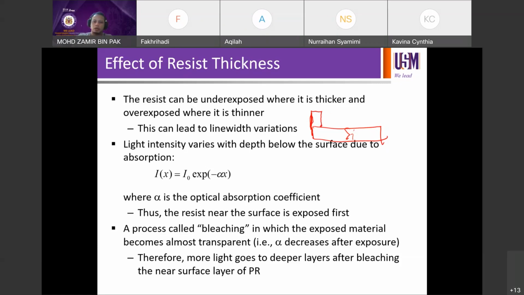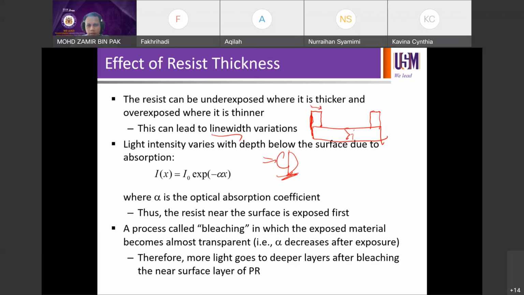When you want to print lines, for example, if you have this problem of non-uniformity, you probably have a comparable CD on the side. Left and right, the CD is the same, the line width is the same. CD means line width. Line width here equals CD.